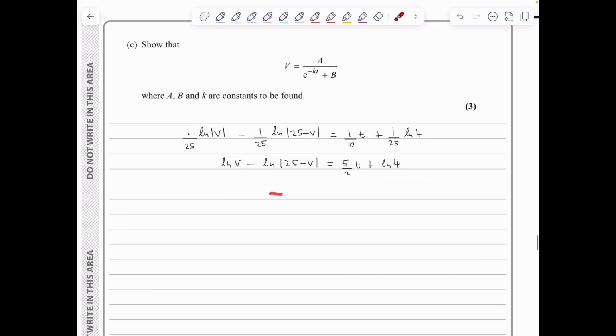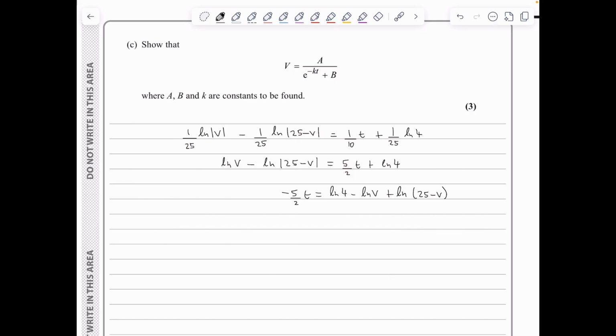This will give me negative 5/2 t on the left hand side, which seems to agree with the fact that the power here is negative. So I've got minus 5/2 t is equal to ln 4 minus ln v plus ln of 25 minus v.